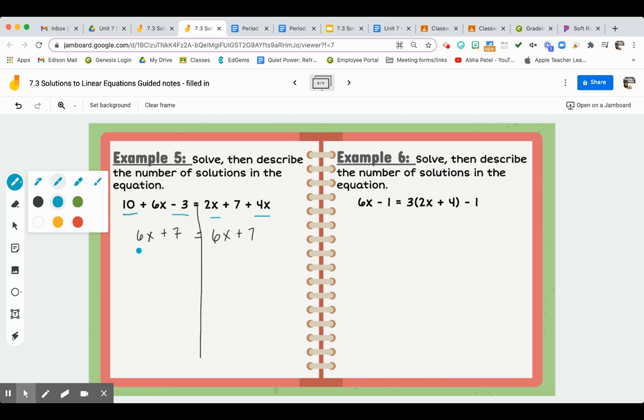And you might already know how many it is once you do it, but finish up the problem. Okay, all the 6x's will cancel out, and you're going to be left with 7 equals 7. That will be infinite solutions.